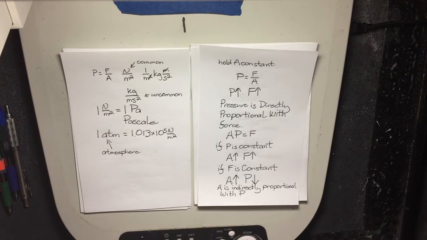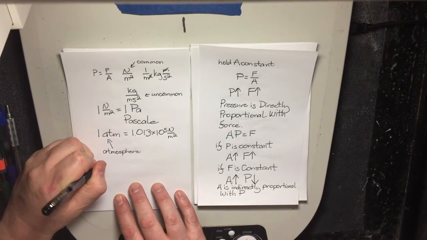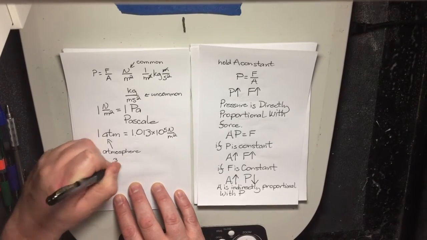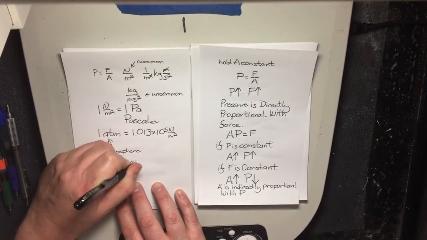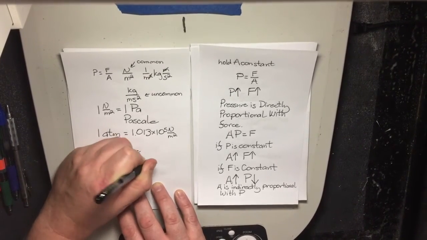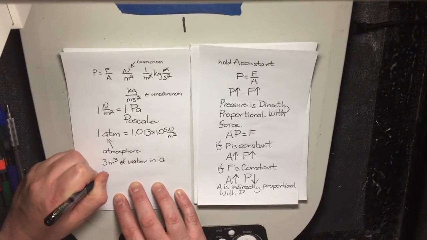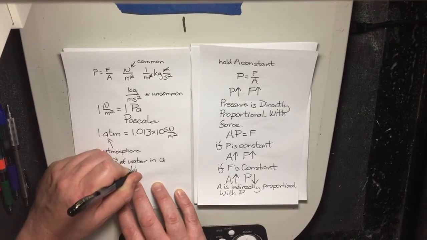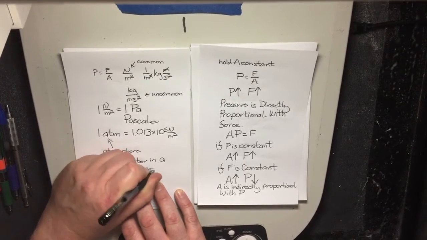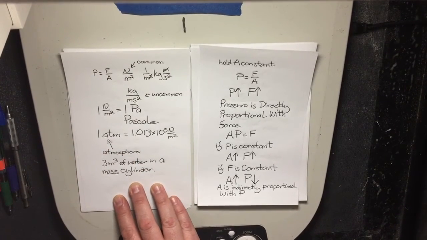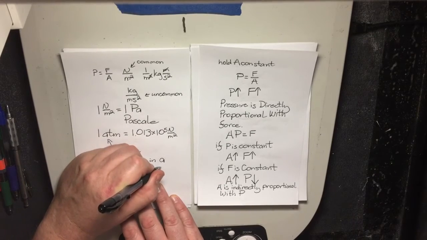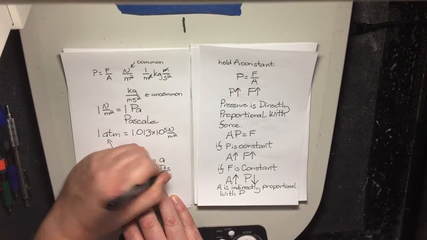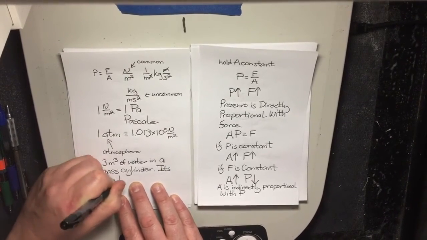Let's do this. We have 3 cubic meters of water in a massless cylinder. It's 2 meters high.